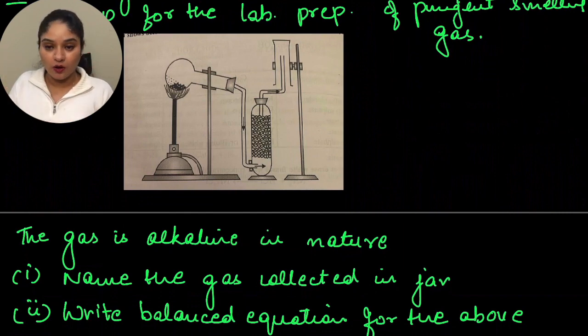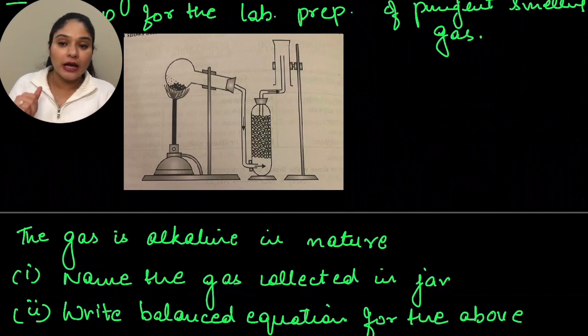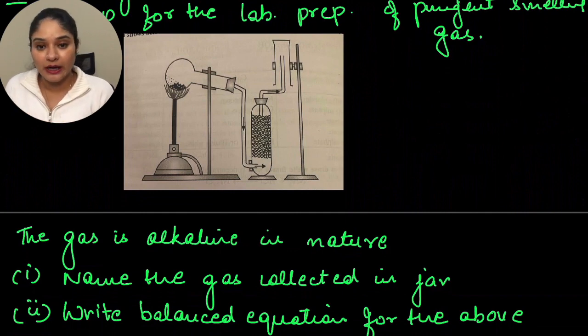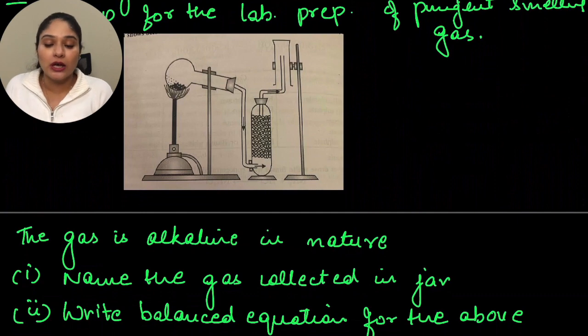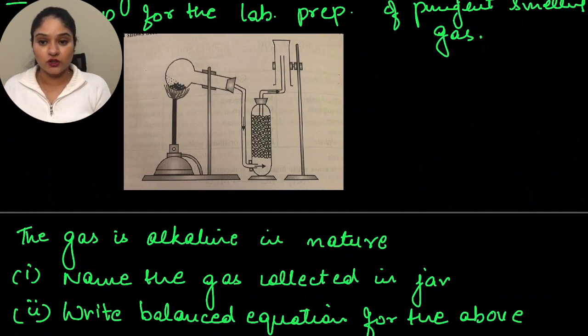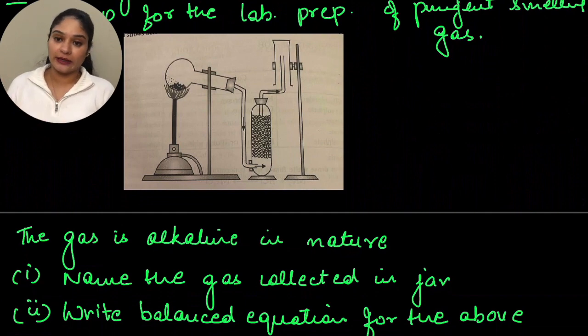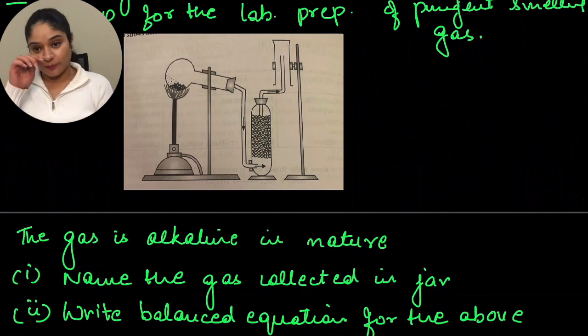What kind of collection jar they are using and how it is set up can also help you understand which gas it is, because it can happen that during the exam you do not remember which alkaline gas it was, but you may remember how it was collected, what the collection type was. That can also help you identify the gas. Let's move on to the next question.